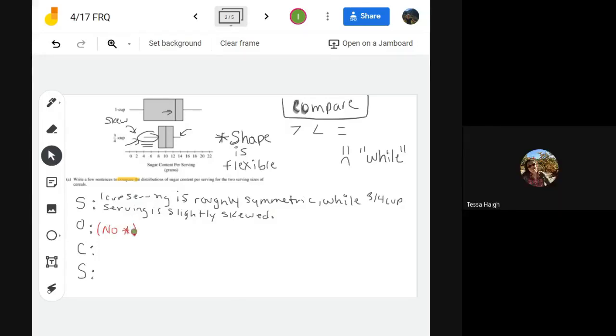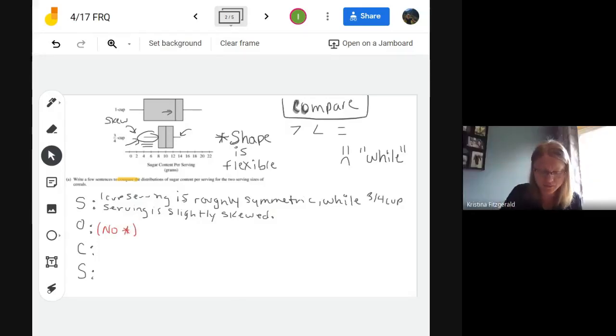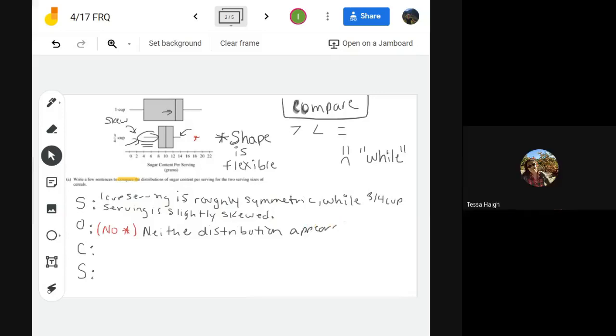Sometimes it's a star, sometimes a dot, but there would be something disconnected, and that would indicate this was an outlier, so we disconnected it from the rest of our data. But we don't have any stars here on either of our box plots, so we can say neither distribution appears to have outliers.